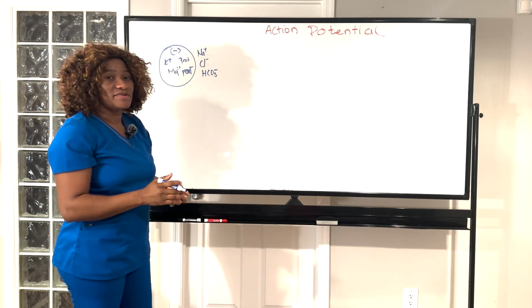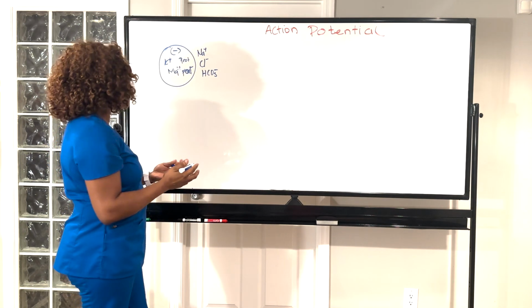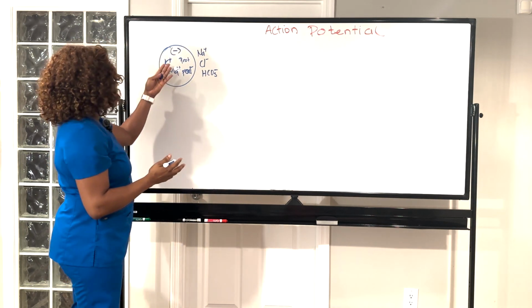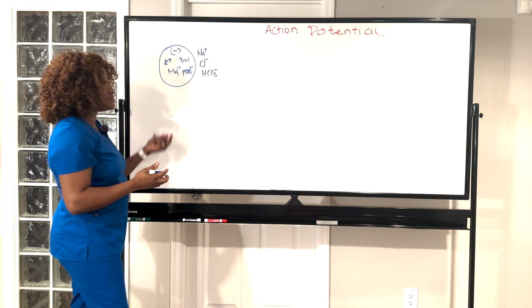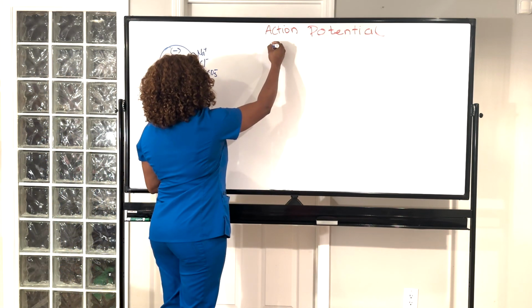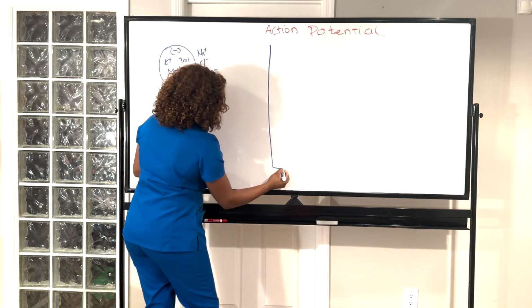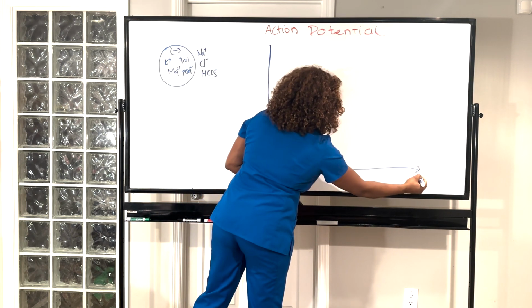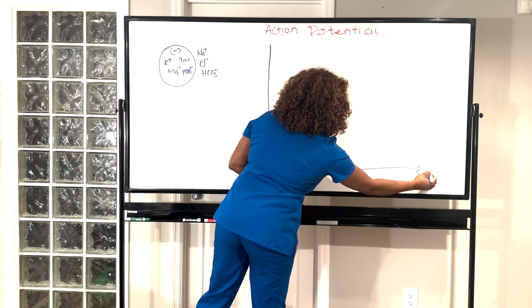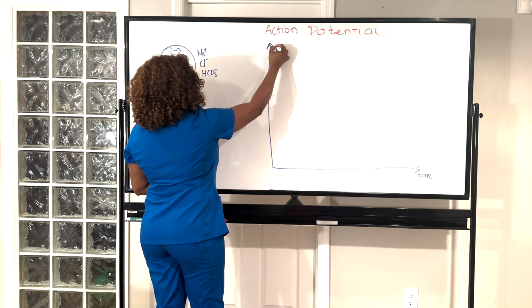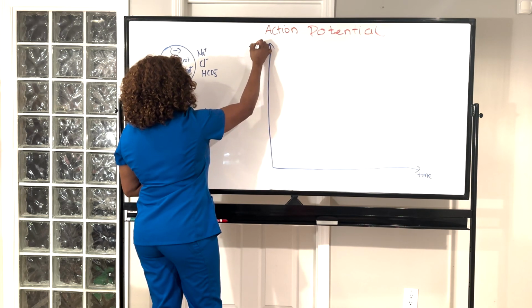Now, at the resting membrane potential, which is negative 70, this is how our membrane is functional. Now, to better understand it, I'm going to do a diagram here. On the x-axis is going to be time. On the y-axis is going to be voltage.